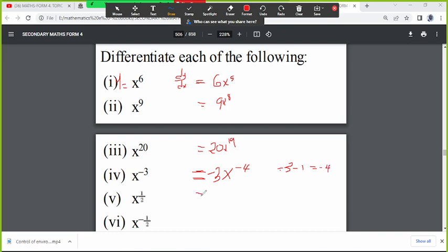This one? We are following the simple process. y is equal to x to the power n, the derivative dy/dx is equal to n x to the power n minus 1.